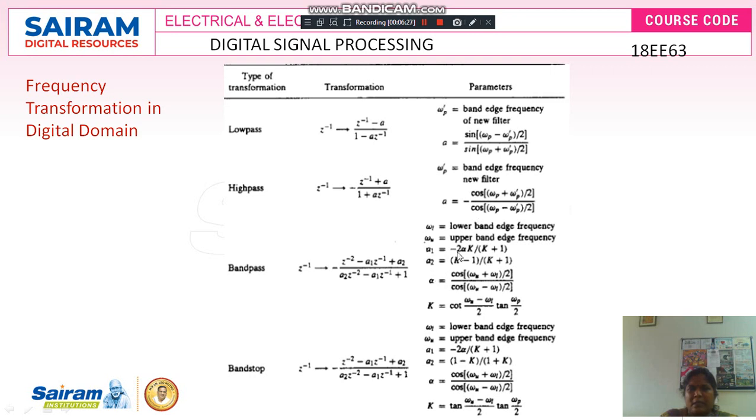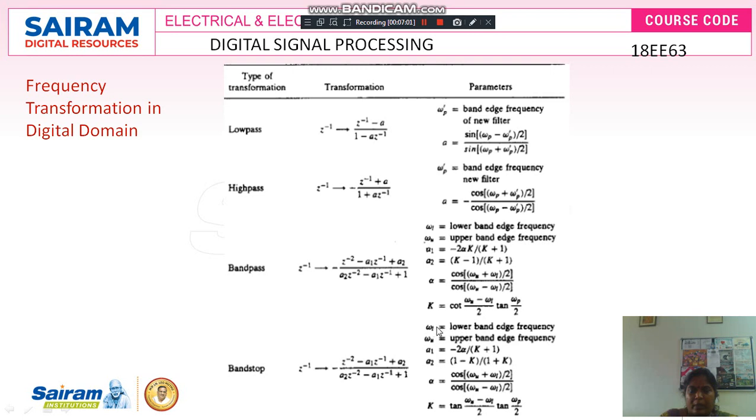Then a1 is minus 2 alpha k divided by (k plus 1), a2 is (k minus 1) divided by (k plus 1), and alpha is cos of (omega u plus omega L) divided by 2, divided by cos of (omega u minus omega L) divided by 2. k will be cot of (omega u minus omega L) divided by 2, into tan of omega p divided by 2. And for band stop, this z inverse will be replaced by (z power minus 2 minus a1 z power minus 1 plus a2) divided by (a2 z power minus 2 minus a1 z power minus 1 plus 1).